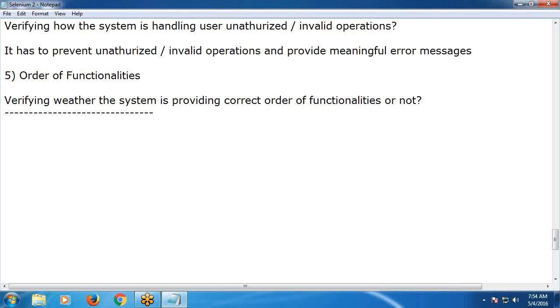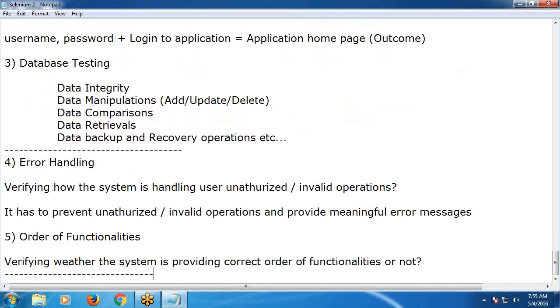After launching the Gmail homepage, entering email address, password and submit, then you can get your email home. Then compose or view email or delete email. Another scenario: after launching the Gmail homepage, immediately it is providing your email home. When you try to compose, then it is asking email address and password. That is not the correct order of functionalities. See, maintaining correct order of functionalities is also one of the important tasks.